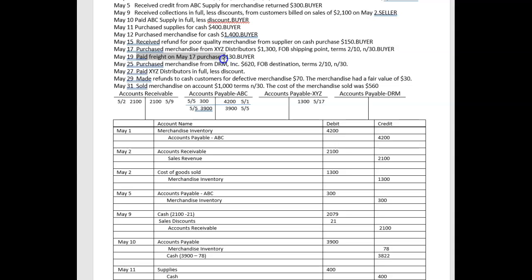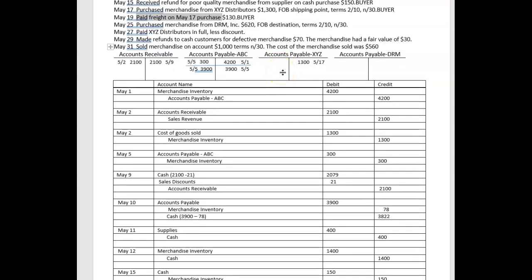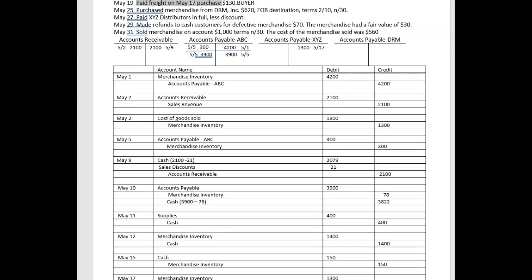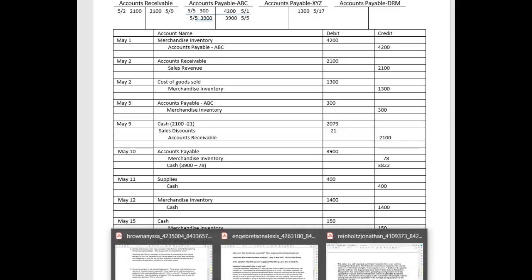In this case, the arrangement was that the buyer, Artie, would pay for the shipping to have that inventory shipped to their location. So on May 19th, paid means cash, so we want to reduce or credit the cash for the amount of the shipping or freight, which is 130.